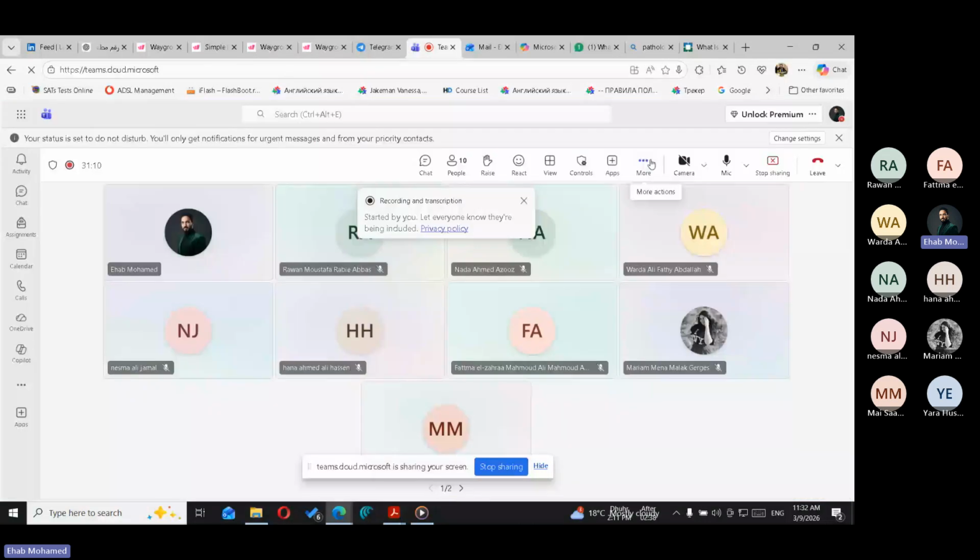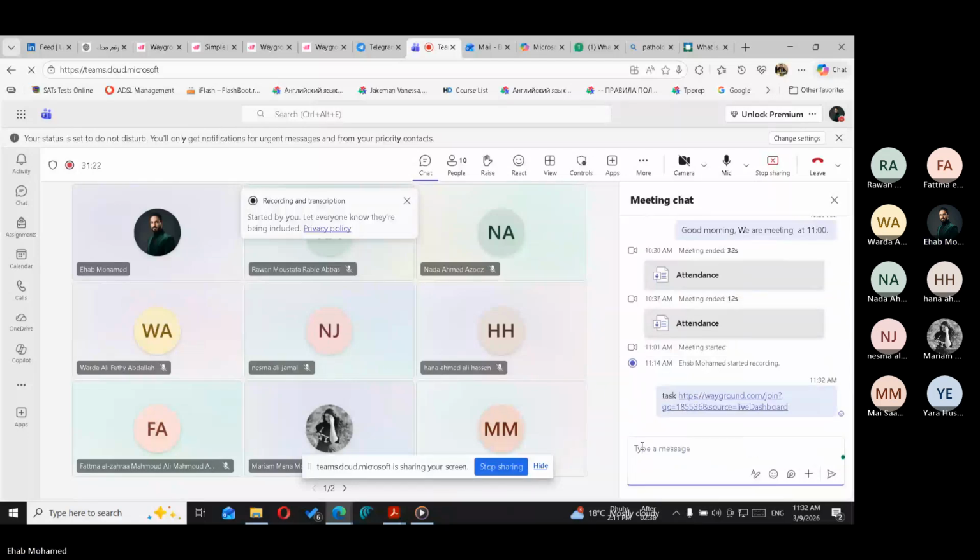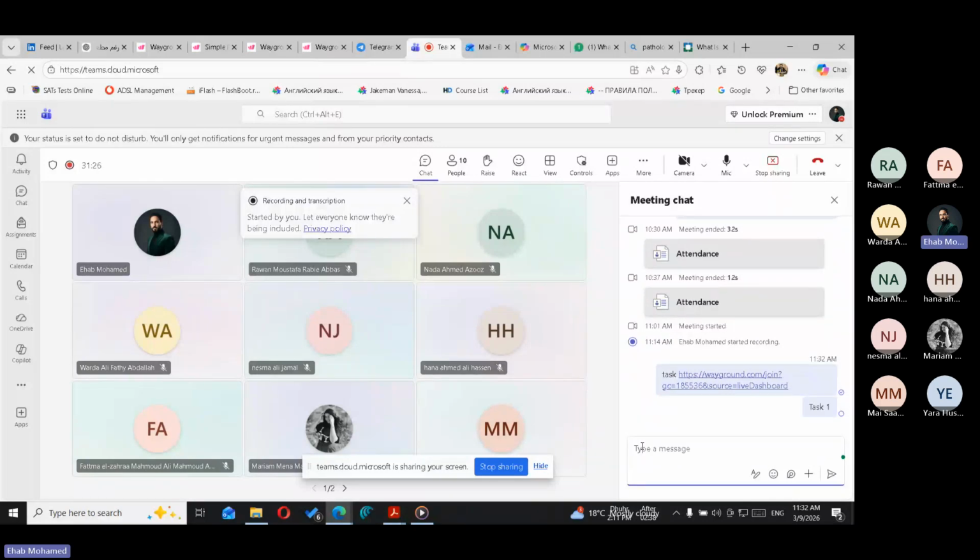Okay. Open the chat box. Answer task 1 right now. This is task 1. Have you seen the link? Type your name. Don't forget to type your name. And join now.